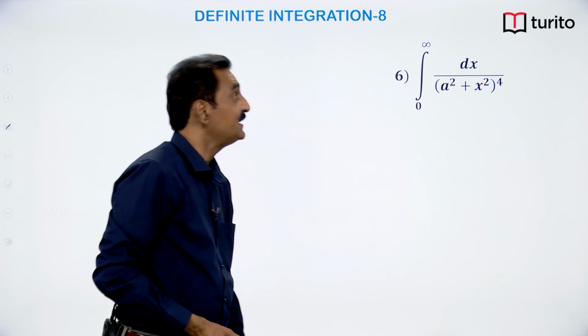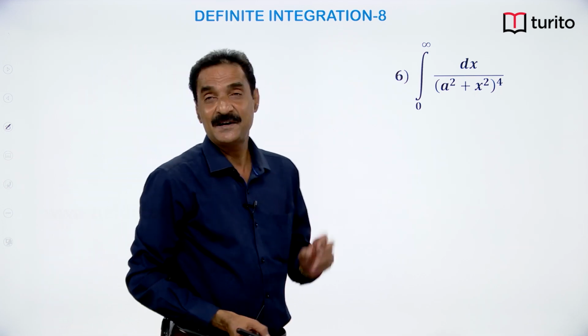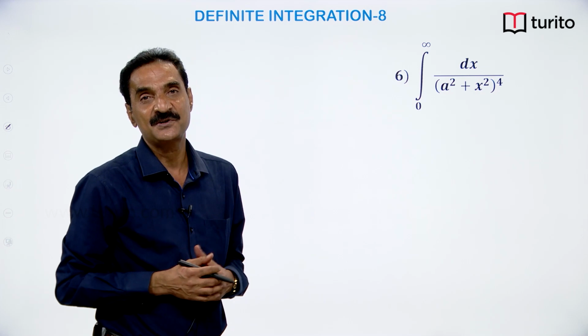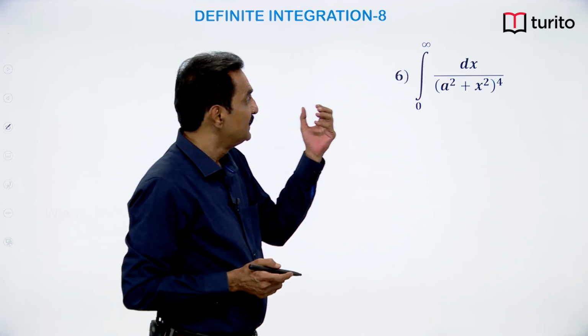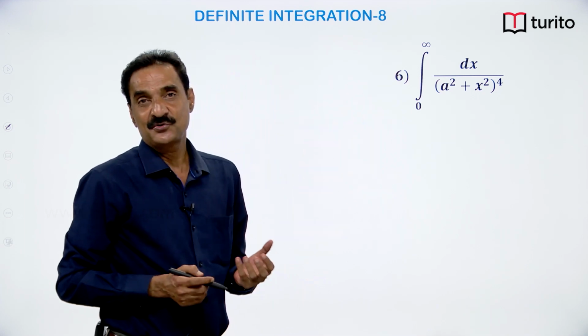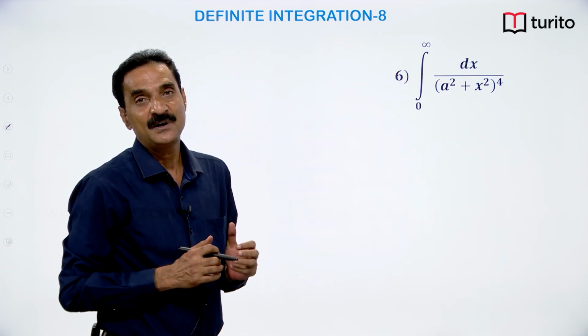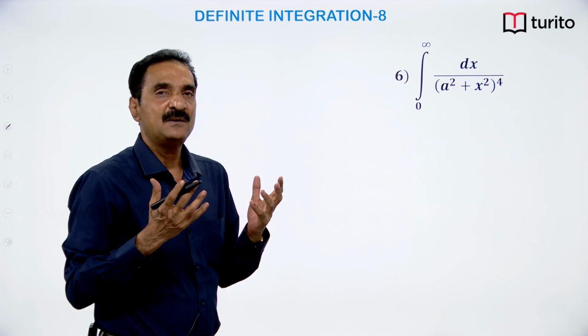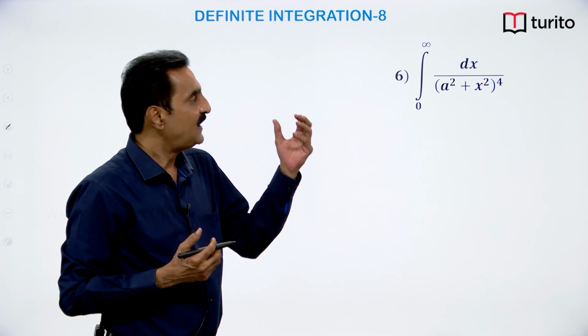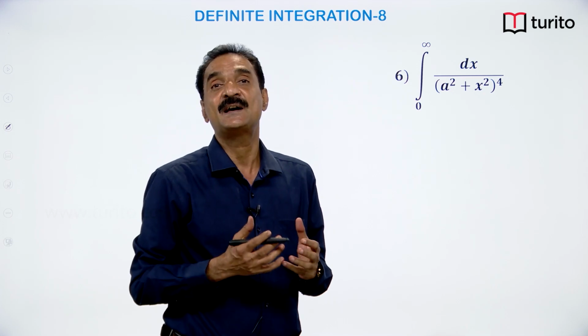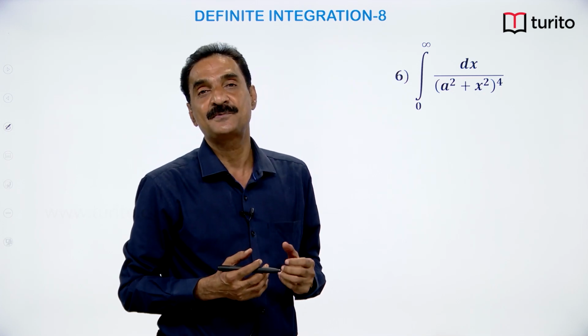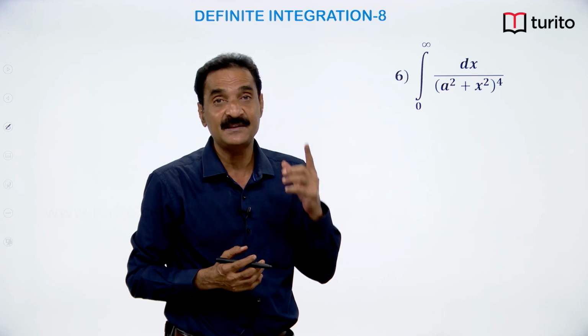Yeah, see, this is looking different, no trigonometric function present in the integrand. So, what to do? By using some substitution, we can convert into a trigonometric function, and we have discussed that whenever the terms of a square plus x square are present in the integrand, the standard substitution is x is equal to a tan theta.